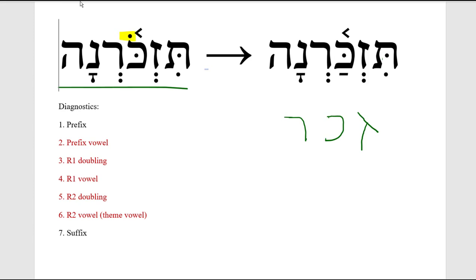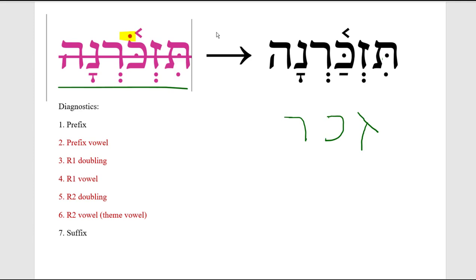So we would expect to see tizkorna. But in reality, what we see in the Bible is tizkarna, in the 4 places that it appears. And so we will never see tizkorna. But we can still parse this if we check the diagnostics that we looked at earlier.